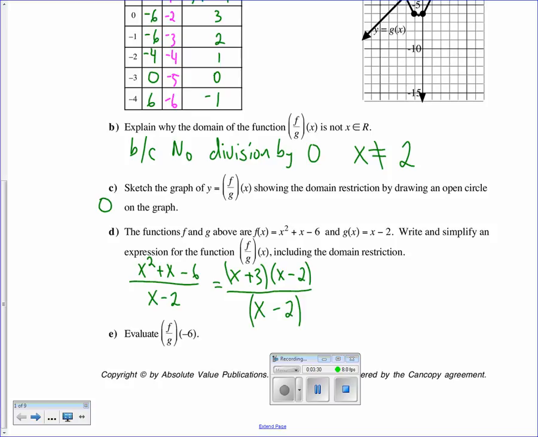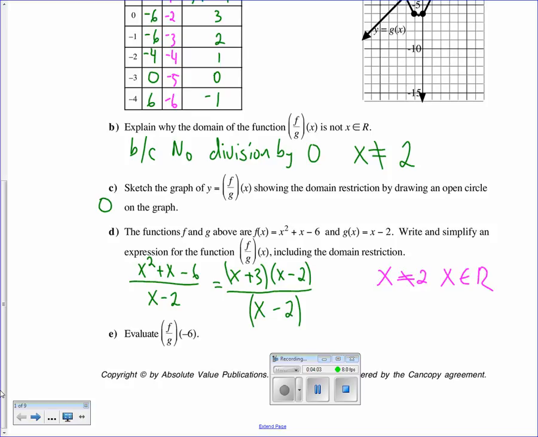That gives me a clear restriction on what x cannot be. x cannot be 2, but x is still an element of the reals. And y has to be written a little bit funny. We've got a gap in that circle, so we'll worry about the range restrictions a little bit later.